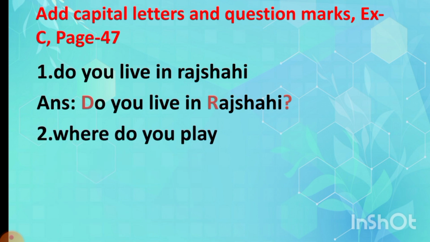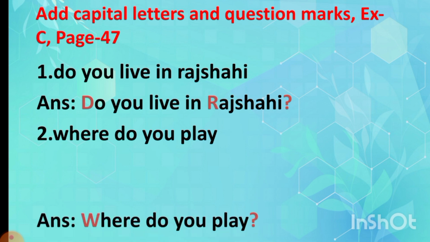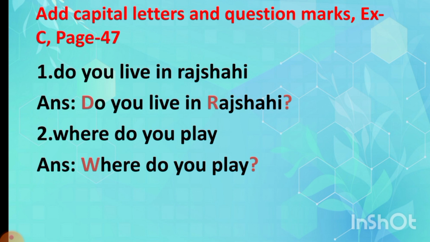Then number 2, where do you play? So can you do it? Let's see. Where, W will be a capital letter, and at the end you have to put a question mark.